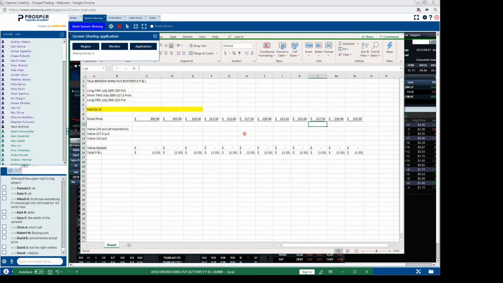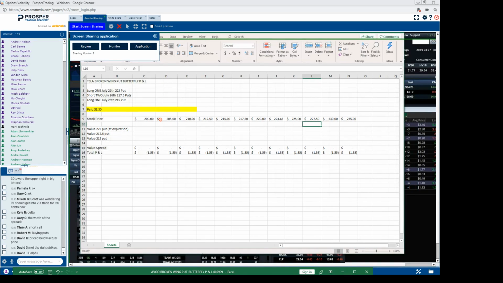Does that make sense to everybody? So that tells me right off the bat that I'm going to have a short position. The put spread I'm long has a wider difference between the strikes than the put spread I'm short.